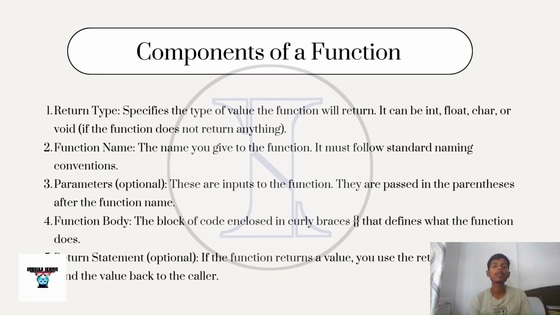So what are the components of a function? Components means the things which we use inside a function. First one is the return type. Return type is nothing but the type of value the function is going to give after the function is completed.